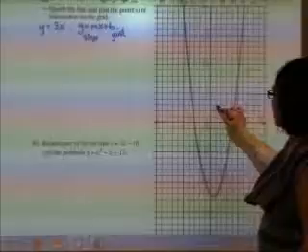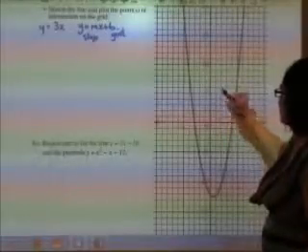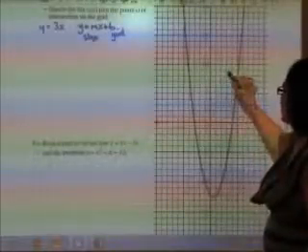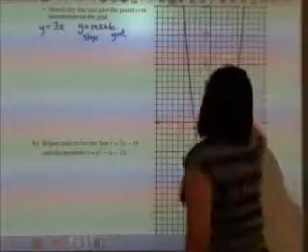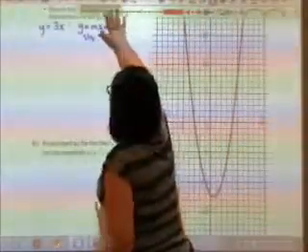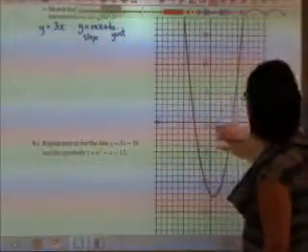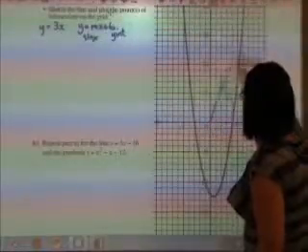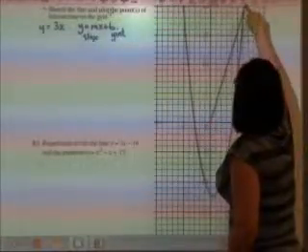So up 3 over 1, up 3 over 1. Then if I use a ruler, and it would be important that I used a ruler for this, so that I get this straight line.